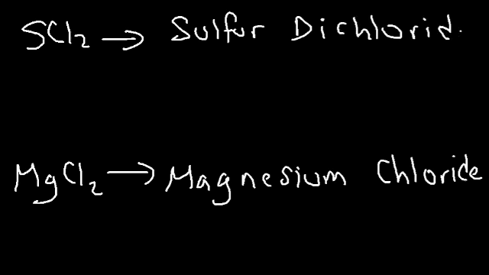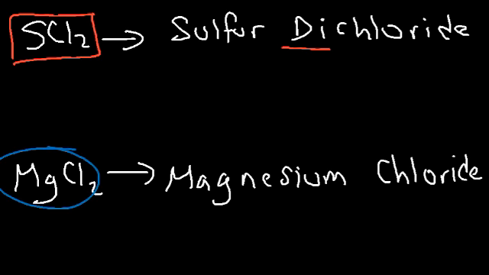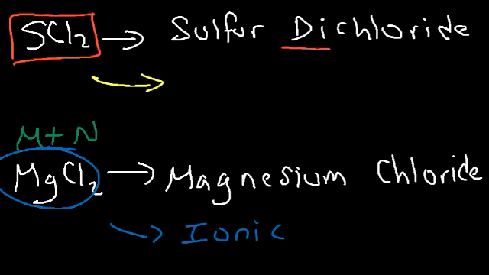So why is it that SCl2 is sulfur dichloride, but MgCl2 is not magnesium dichloride, it's simply magnesium chloride? Why do we use the prefix di for this molecule, but we don't do it for this one? The reason is MgCl2 is ionic. It's composed of a metal and a nonmetal. SCl2 is not ionic.